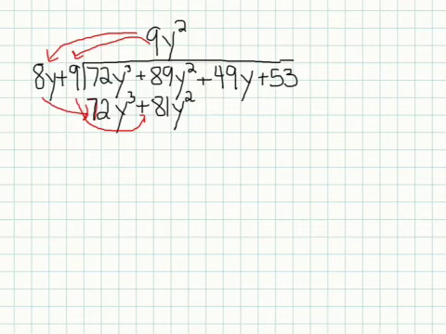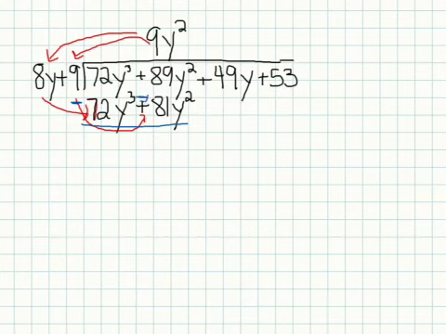Now, just as with regular long division involving numbers, at this point you want to subtract the bottom row that you've just written from the row above it. And subtraction is the same as adding the opposite. So I'm going to underline here, and then you need to subtract both terms, which results in them changing signs.